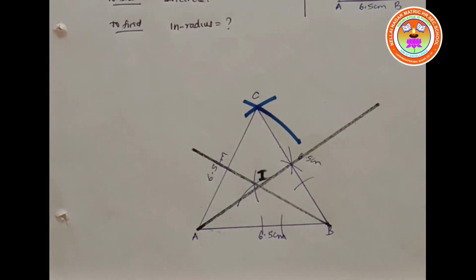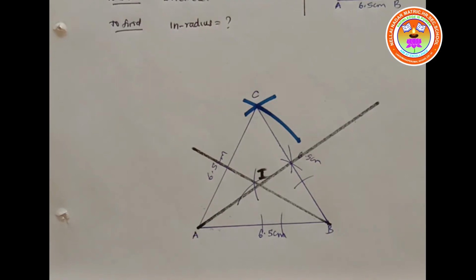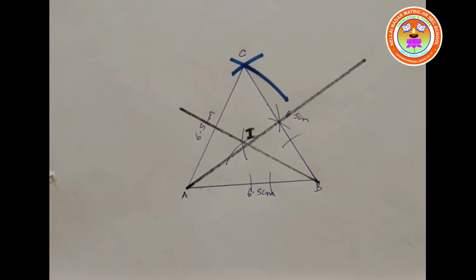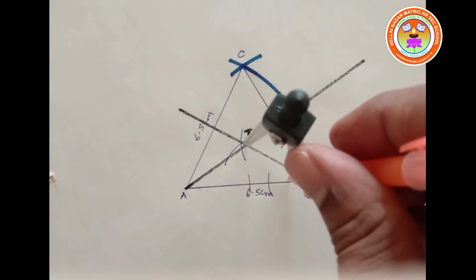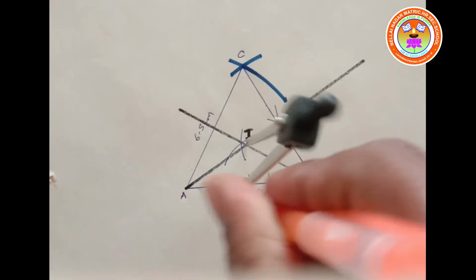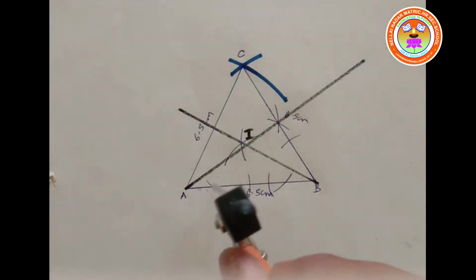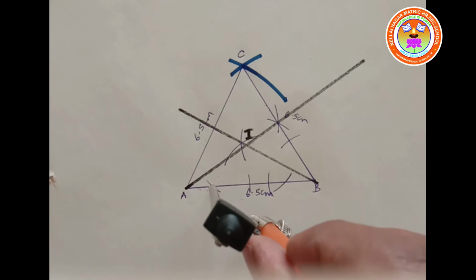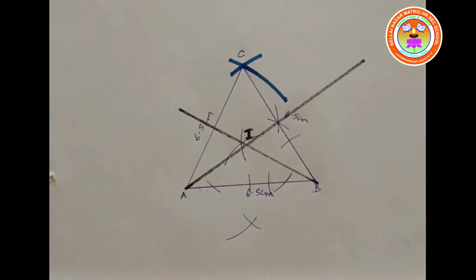Now I is the incenter. Measure, children. For measurement it should be a straight line. For that again you are using a compass. From I, any radius, it should cut the line AB. With the same radius, it should cut both arcs, then extend the line.